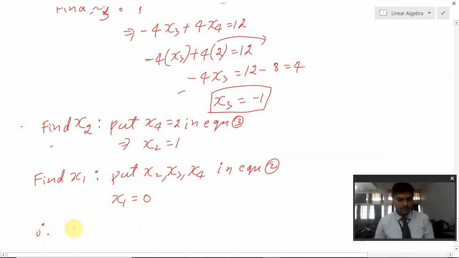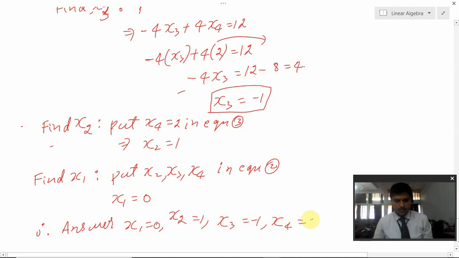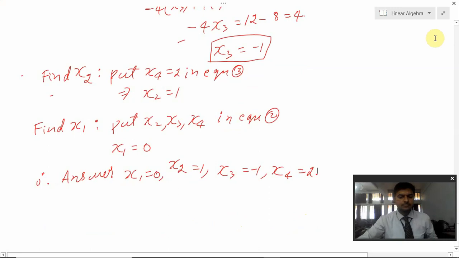So therefore answer is x1 is equal to 0, x2 is equal to 1, x3 is equal to minus 1, and x4 is equal to 2 is the answer using Gauss elimination.